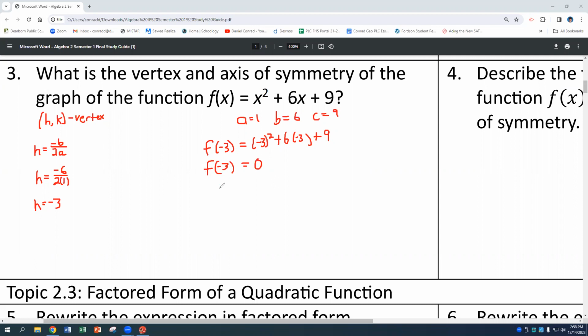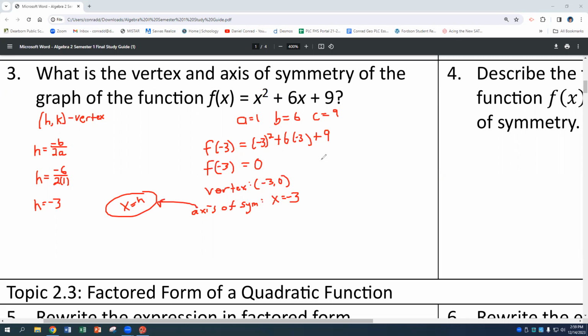So my vertex here is going to be negative 3 comma 0. And then my axis of symmetry is going to be x equals negative 3. Your axis of symmetry is always x equals h.